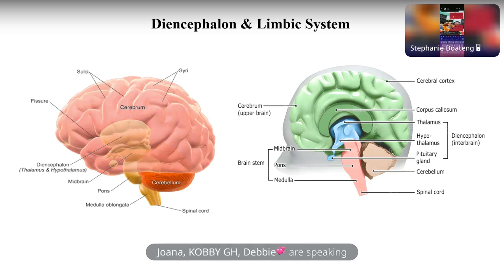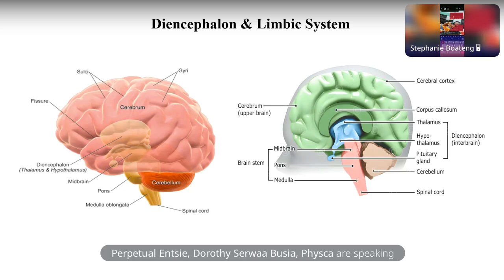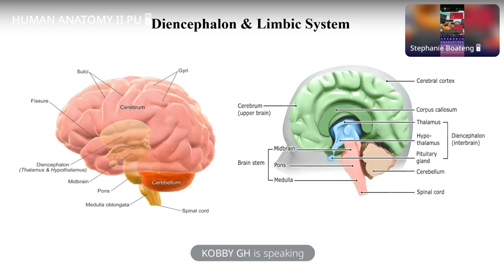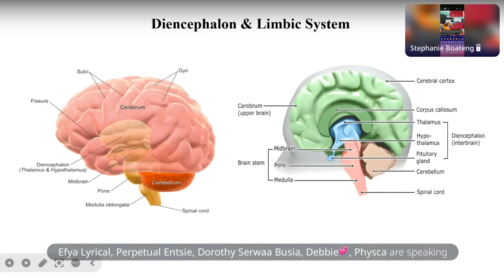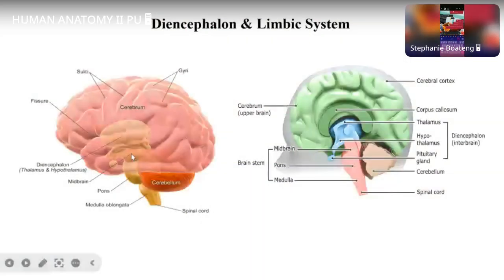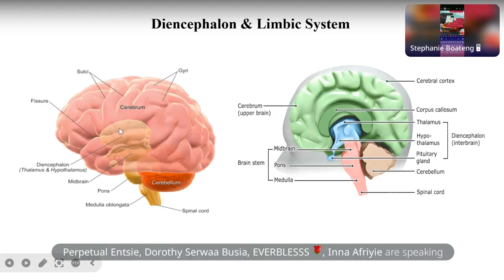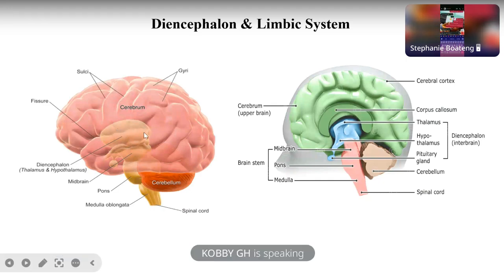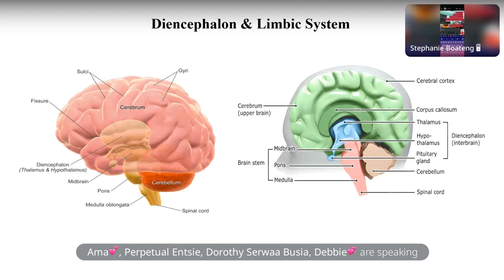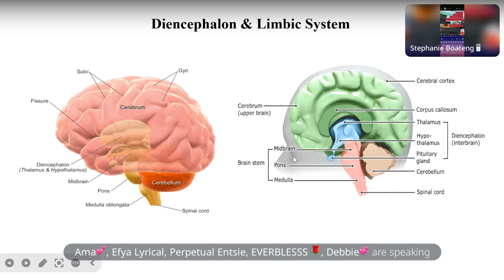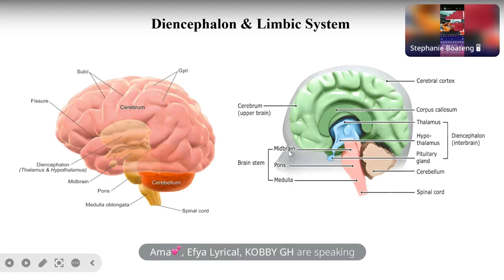The three main parts of the brain are cerebrum, cerebellum, brain stem. Then the divisions of the brain stem are diencephalon, midbrain.